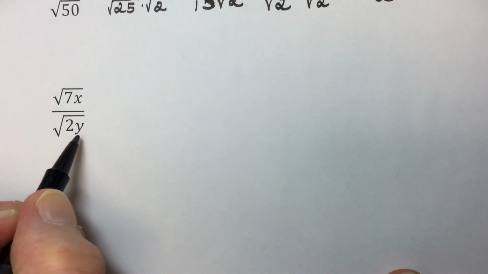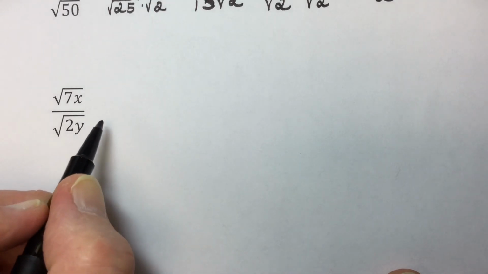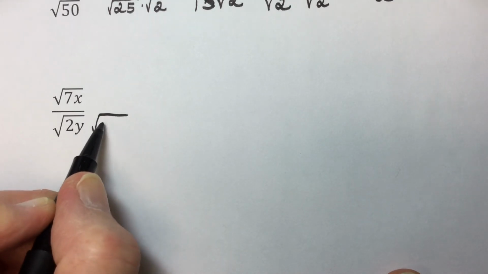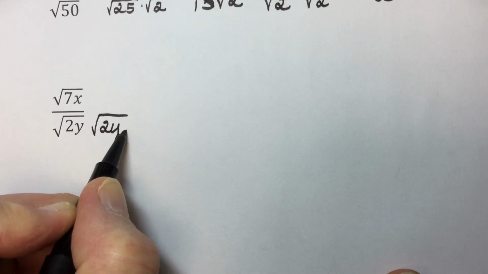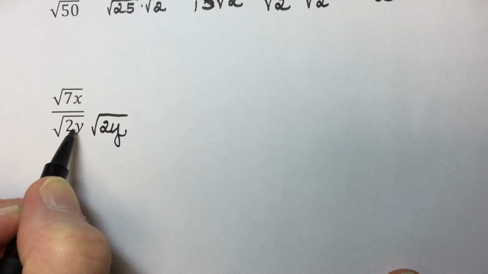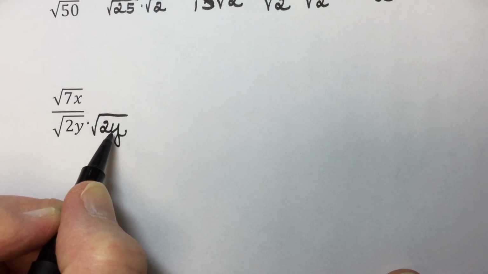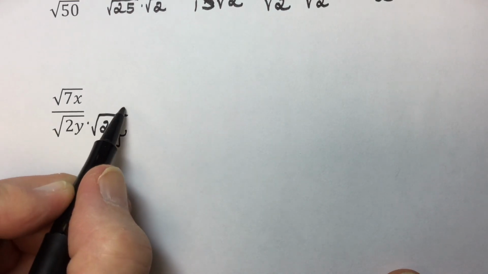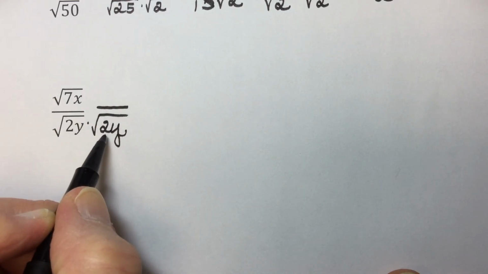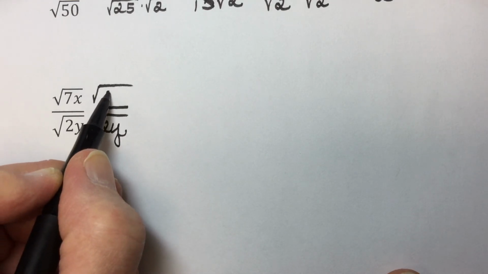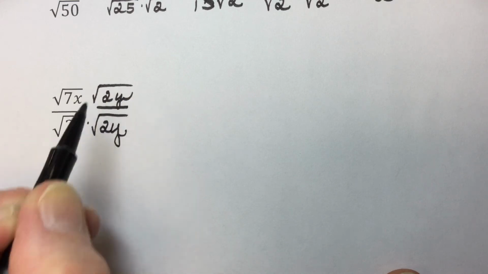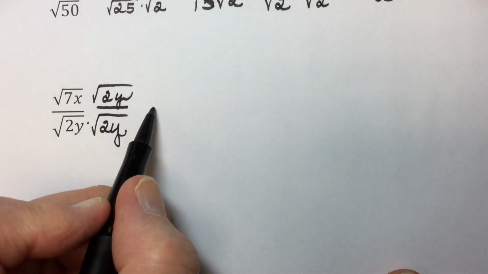Here, for this to become a perfect square, we not only need a 2 as a radicand, but we will also need a y. Square root of 2y times square root of 2y will rationalize itself because it's a perfect square, but to maintain equality, we'll also multiply the numerator by square root of 2y.